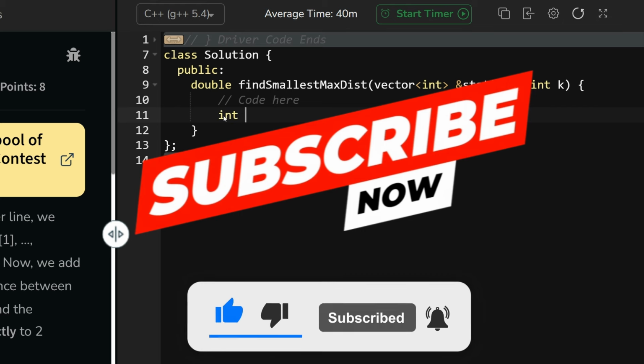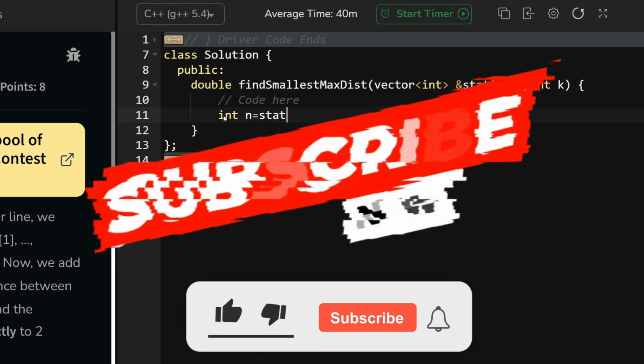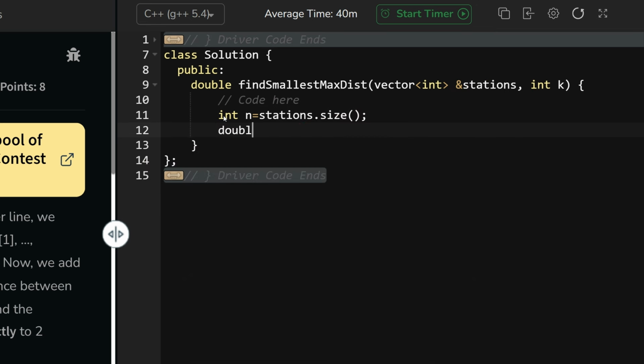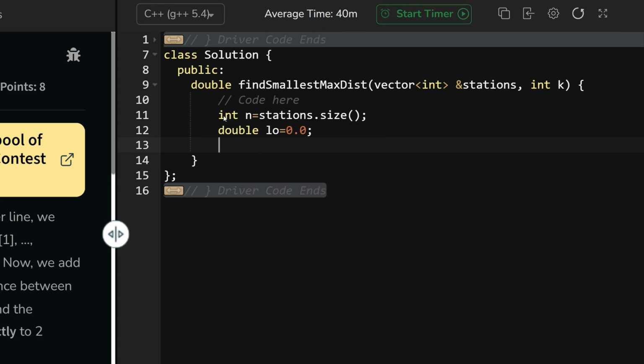So let us start. First of all, I will get the station size. So stations dot size, this will give me the size of the array. Now I will say my current double low is equal to 0.0, and double high I want to find, equal to 0.0 currently, right?